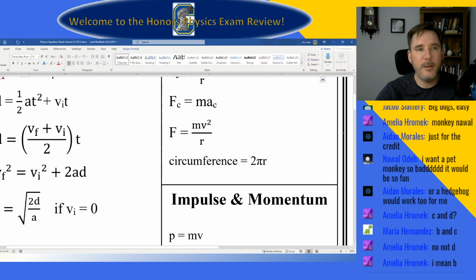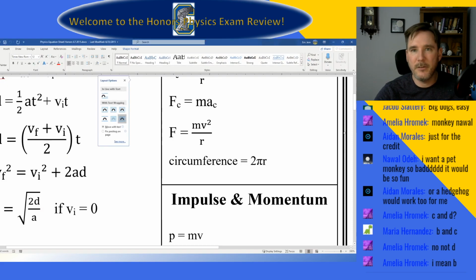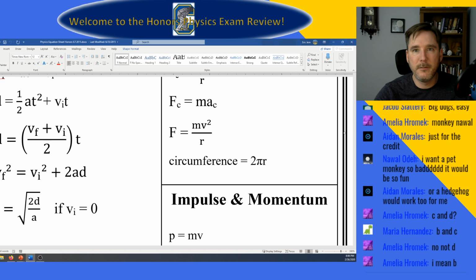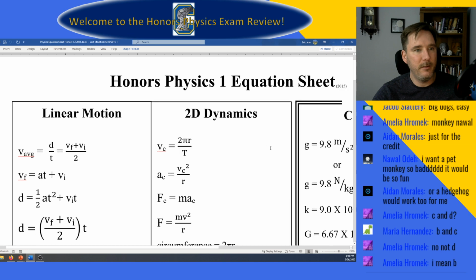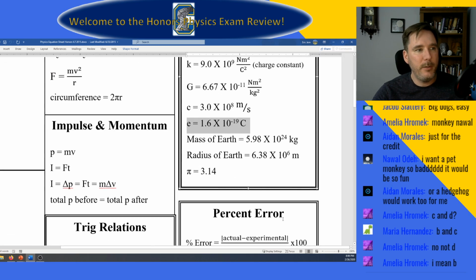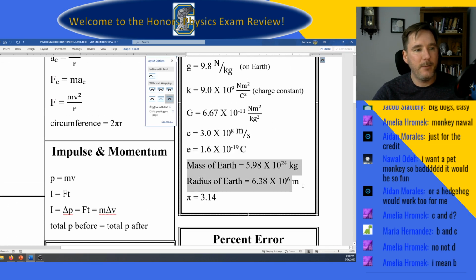But if I pull up the equation sheet again, and I zoom out so I'm not ridiculously close, let me just do one of these things. Let's zoom out a little bit. I just want to point out that the mass and radius of the Earth are on your equation sheet.